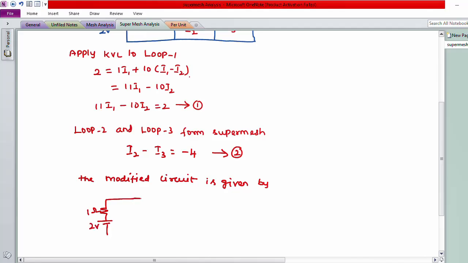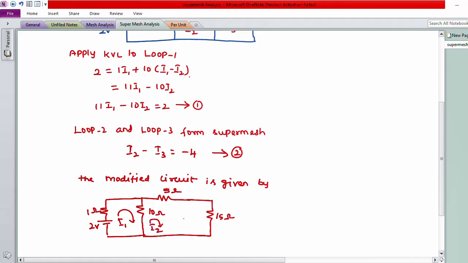We will not disturb loop 1. Here we are going to apply the super mesh for loop 2 and loop 3. So this is I2 current, this is I3 current.